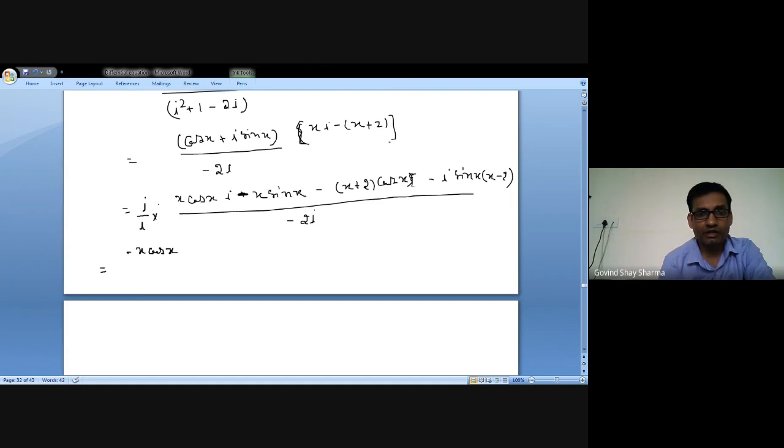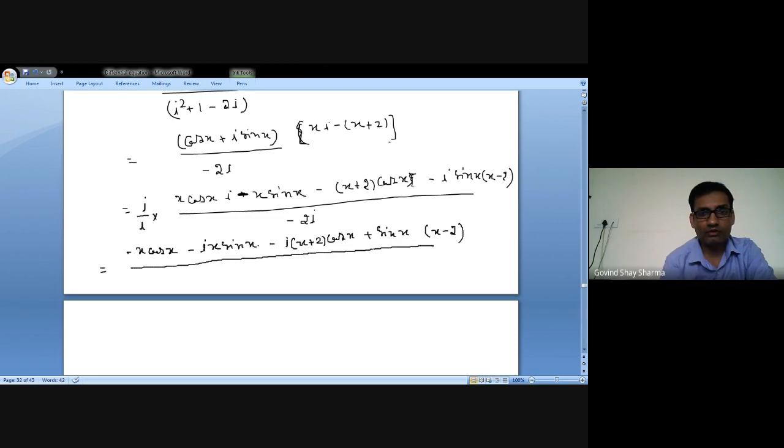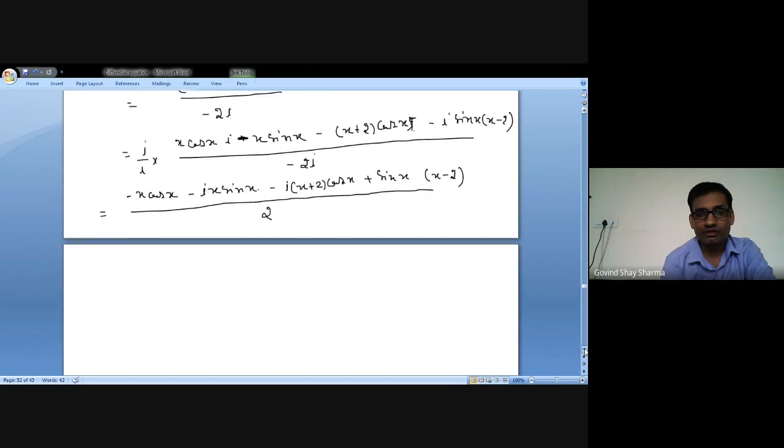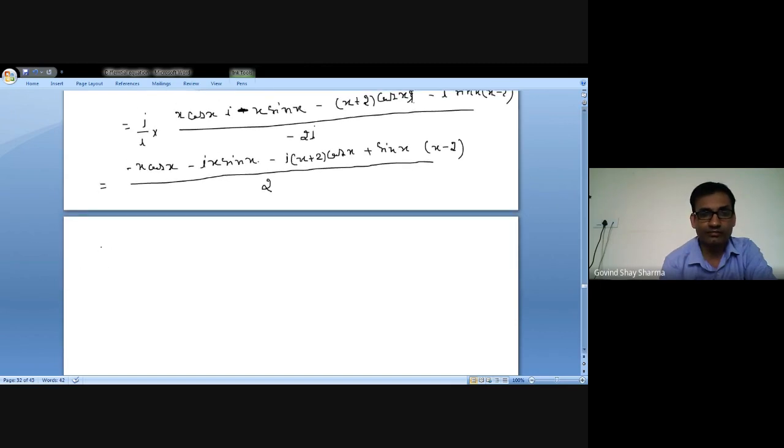Iota square becomes minus 1. Now we separate the terms with iota and without iota.